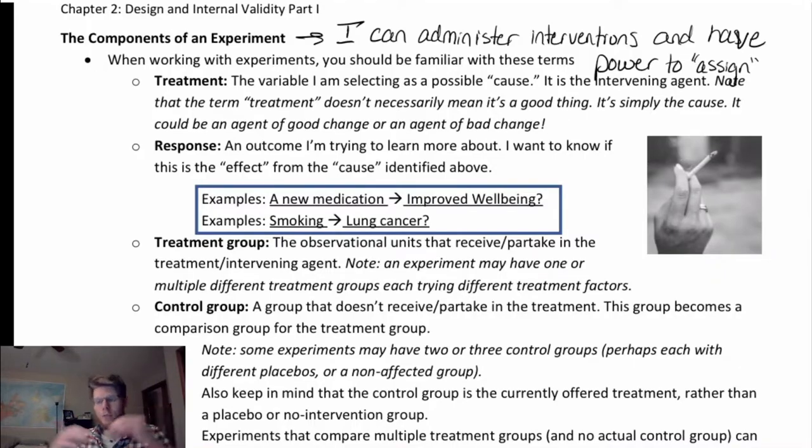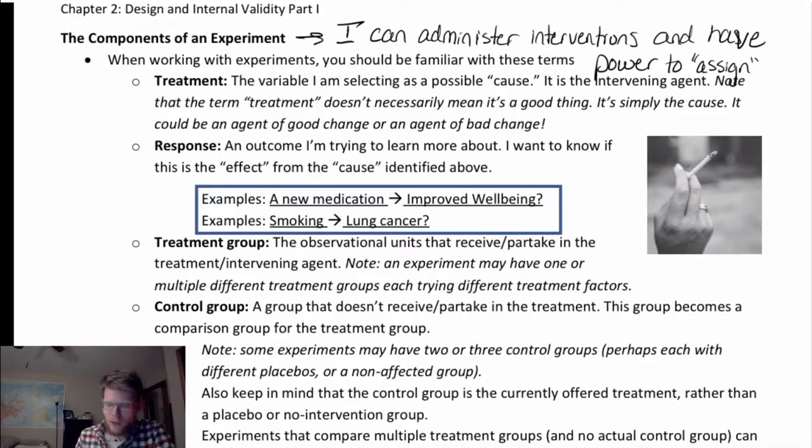Therefore, if I have two different groups and I can give them the exact same experience except this intervention of interest, like this group is given drug A and this group is given drug B or a placebo drug, but everything else is held constant, then if I see a difference in the response, I'm going to feel pretty confident that it's the drug, it's this intervention, and not something else, because everything else was held constant. There's a lot of things we have to take into account to understand what makes something a good experiment, but fundamentally, this is what makes something an experiment.